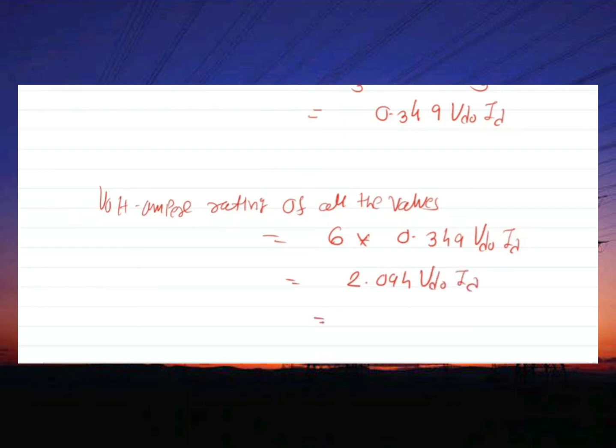And as you know, what is PD? It is VDO into Id. So again you can write 2.094 into PD.